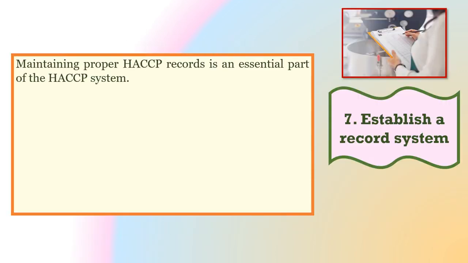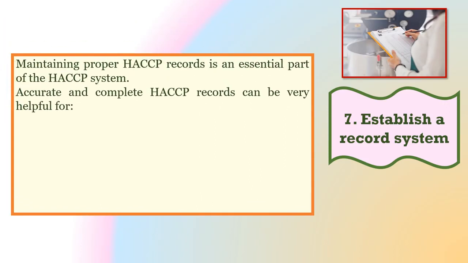The seventh most important principle of HACCP is to establish a record system. Records are the written proofs that give us an idea about the organization's implementation of HACCP.